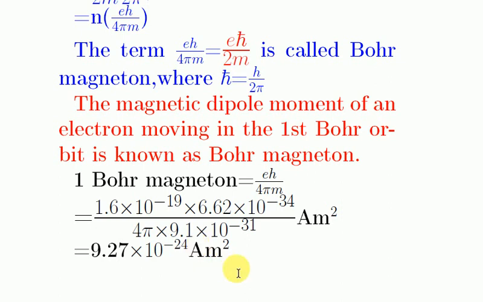Ampere meter square is the unit of Bohr Magneton in SI system, and the value of Bohr Magneton is 9.27 times 10 to the power minus 24.